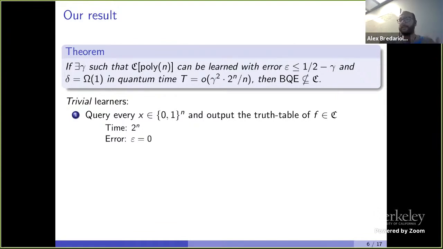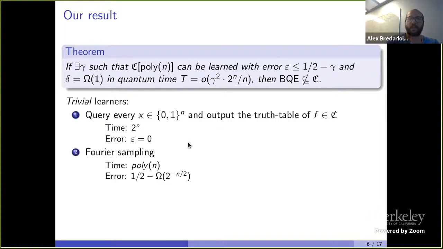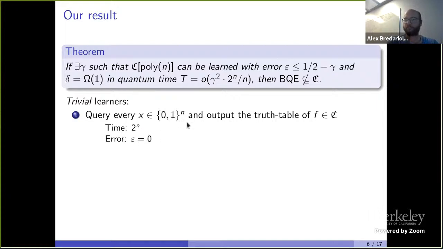This is a valid learner, and it runs in time 2 to the n, and it has error 0. And they are trivial because they work for every possible function. So every function can be learned with time 2 to the n and error 0 by just this straightforward brute force search, like a lookup table.